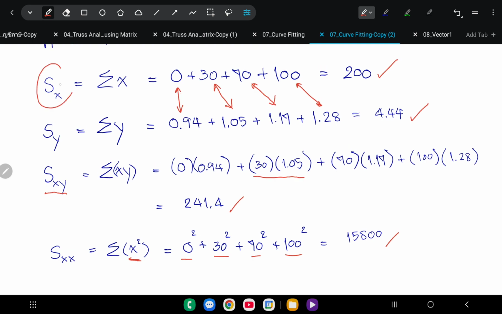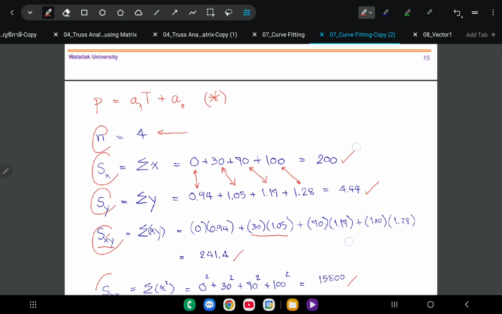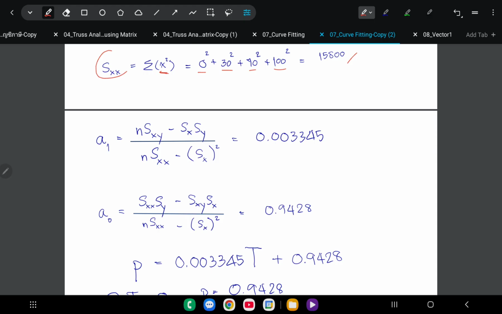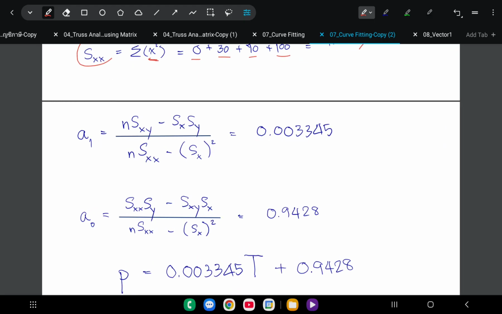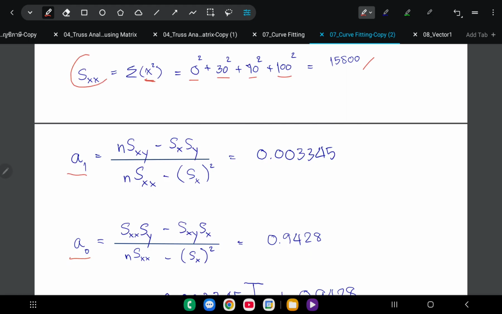Then you have these values, and n. You put them back into the equations for a0 and a1.